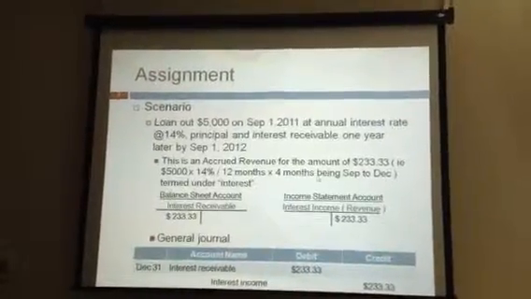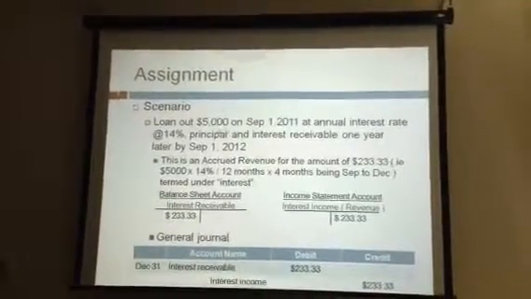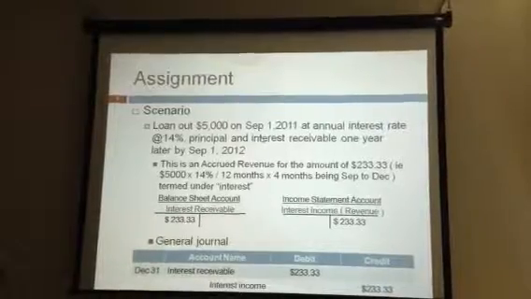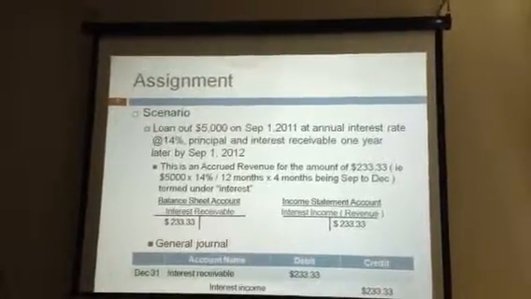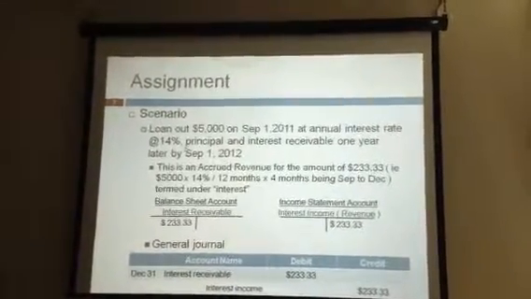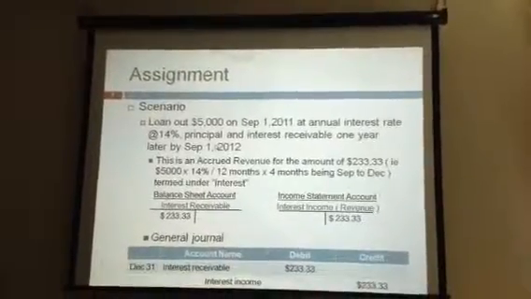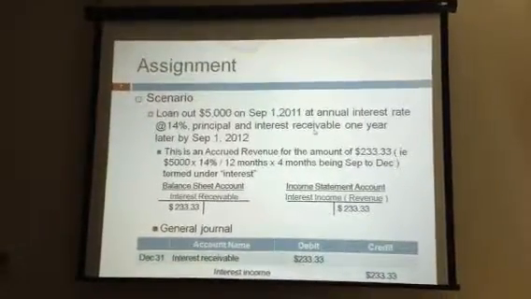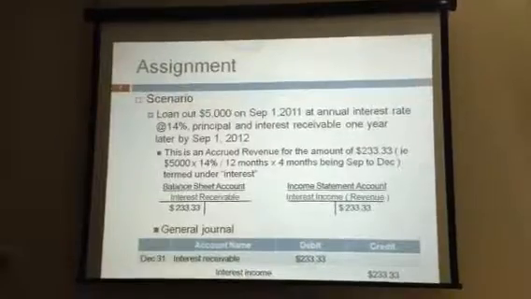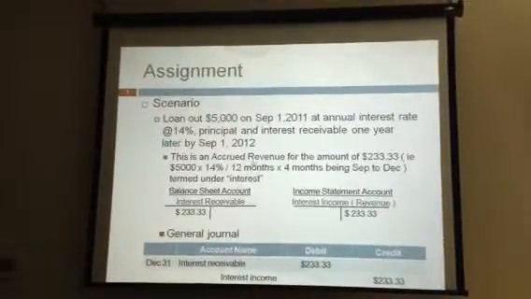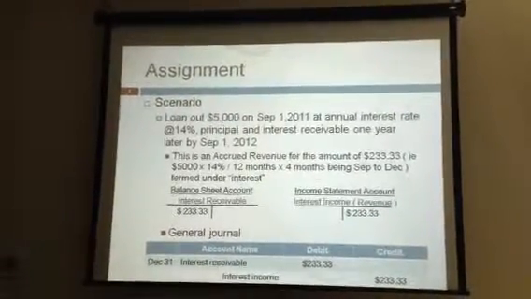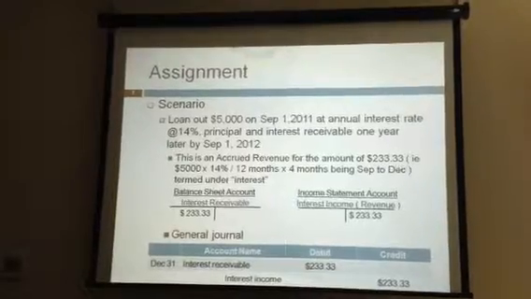The last scenario is a loan out of $5,000, made on September 1st at an annual interest rate of 14%. Principal and interest receivable are due only 1 year later in 2012. So this is an accrued revenue for the amount of $233.33.